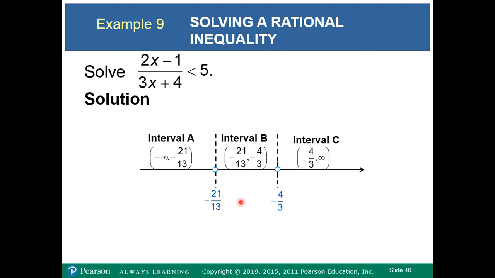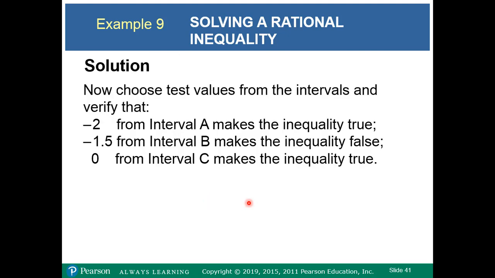What can we use? That's a tough one. I guess we're going to use negative 1.5. Sometimes you have to use it. So now let's choose our test values. We're going to use negative 2, negative 1.5, and then of course 0.